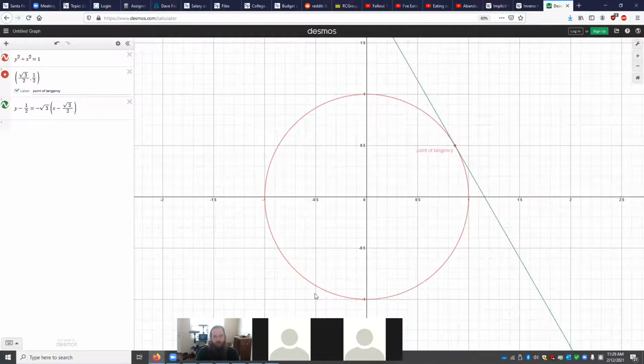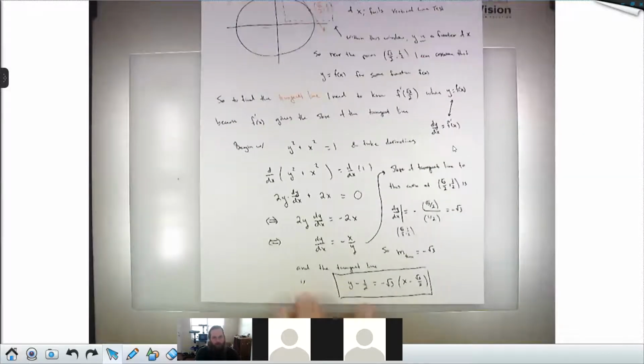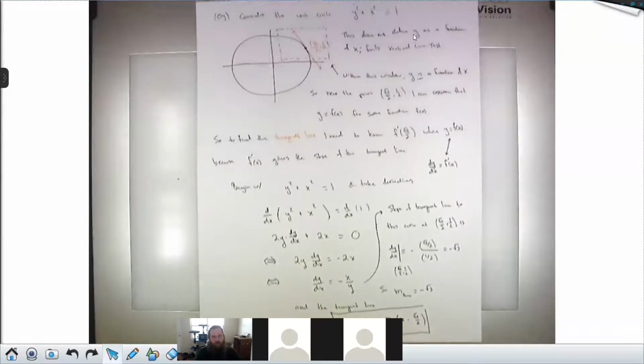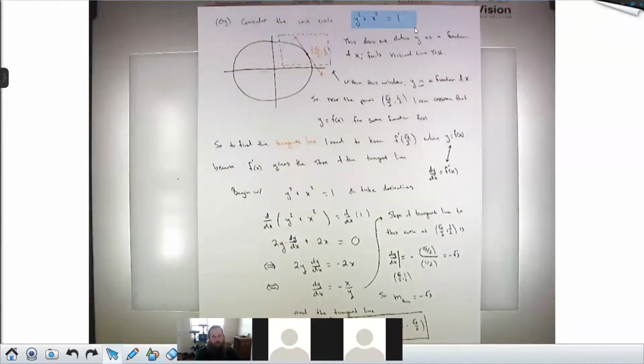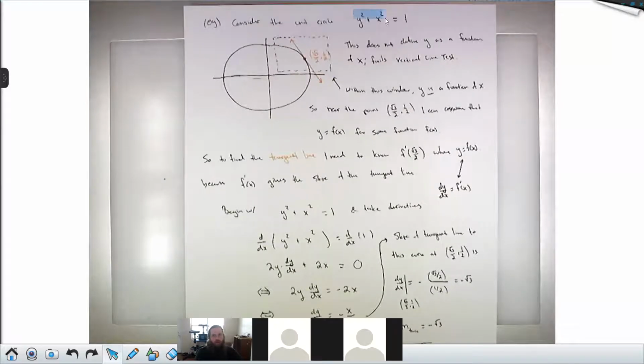So the idea is if you have any nasty curve that isn't a function, you can still find the derivative at a point. You can still find what the slope of the tangent line should be at any point. Nothing too crazy. The trick is you just take the equation that defines the curve, even though it's not solved for y, and you differentiate anyway.